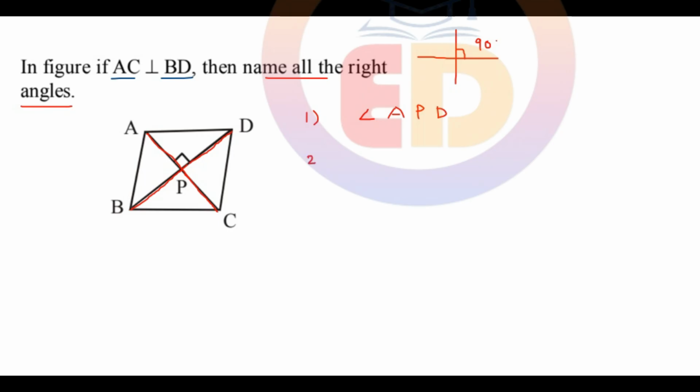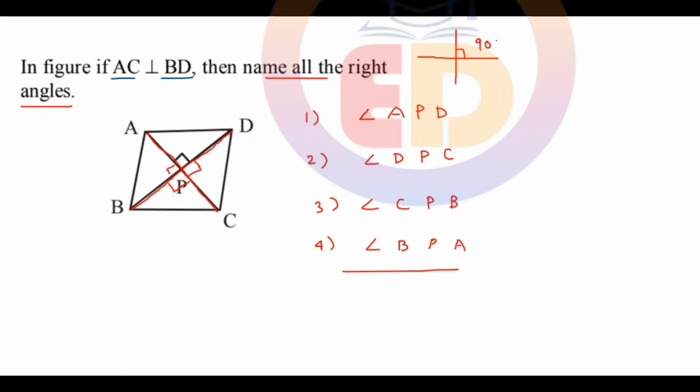The second right angle will be this angle, which is angle DPC. The third right angle is this angle, which is angle CPB, and the fourth right angle is this angle, which is angle BPA.